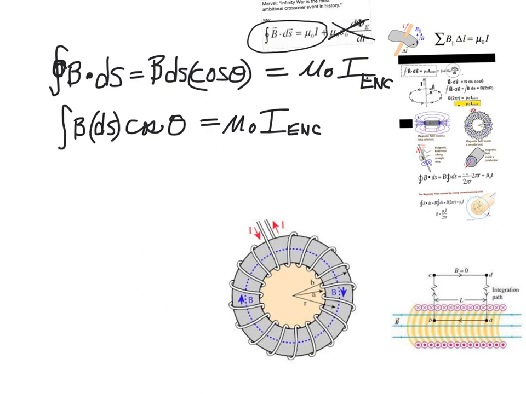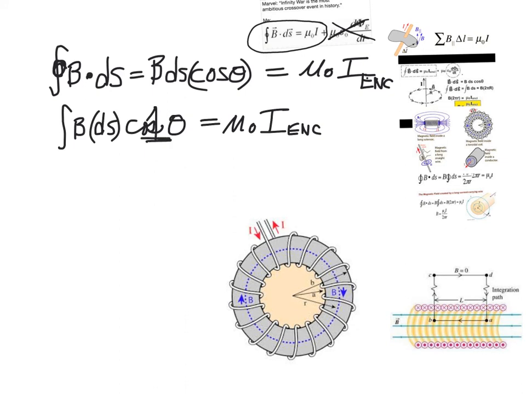So once again, we integrate over that blue circle. And since the field inside is going to be circular, the angle between the ds and the B is going to be 0 degrees. So the cosine is 1.